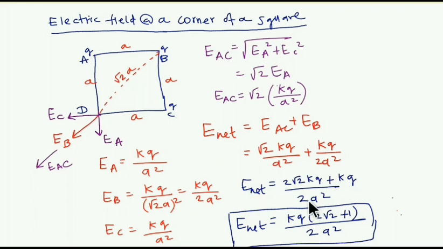Taking the LCM and adding, you get E net equal to KQ into (2 root 2 plus 1) divided by 2A squared. If you want, you can put the value of K, which is 1 by 4 pi epsilon naught, and write Q into (2 root 2 plus 1) divided by 8 pi epsilon naught A squared.